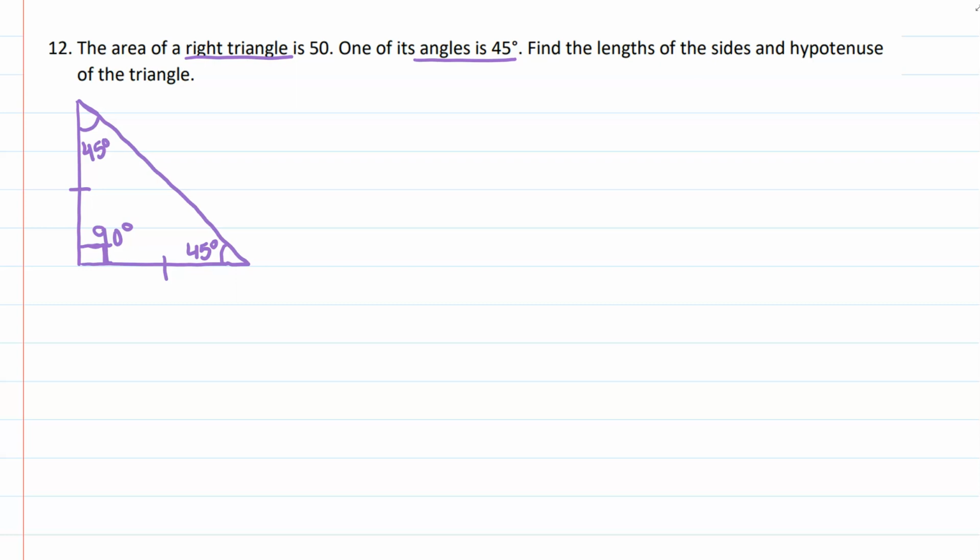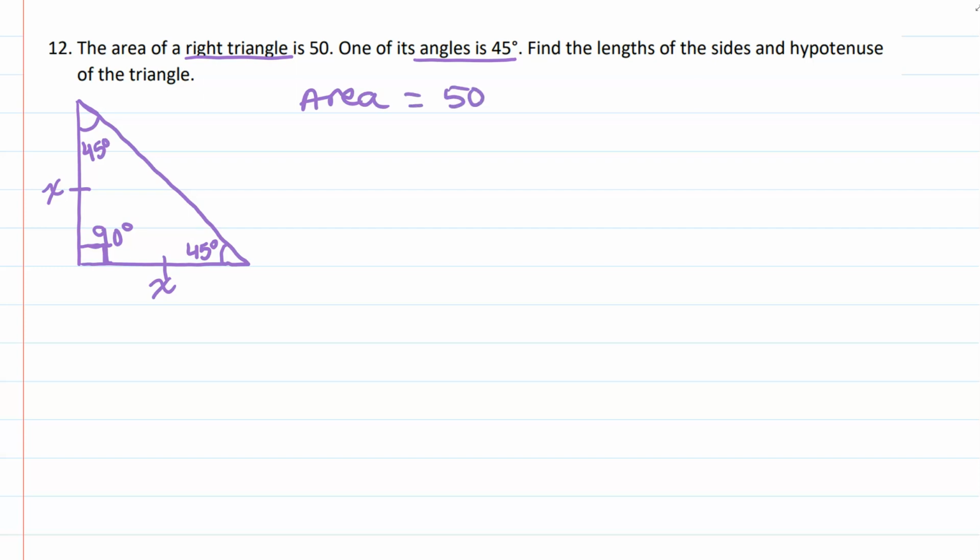Okay, now the area of a triangle, well, let's call this x. If that's x, then this is x, right? So it said that the area is 50. The area is equal to 50 square units.